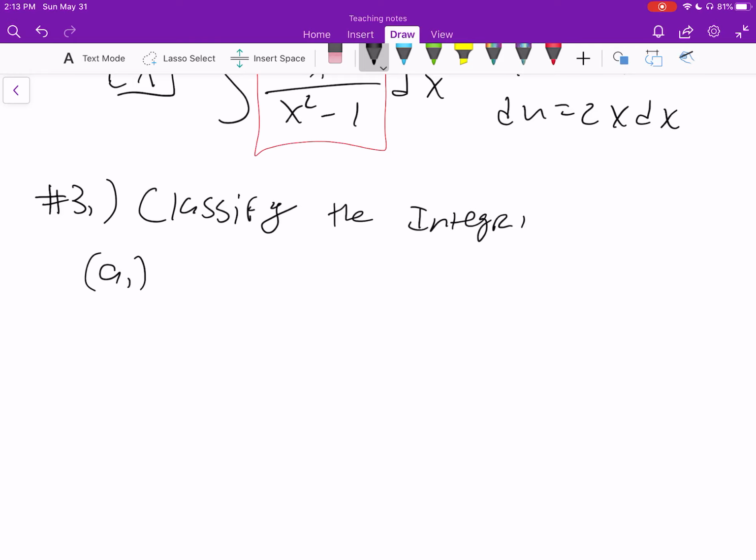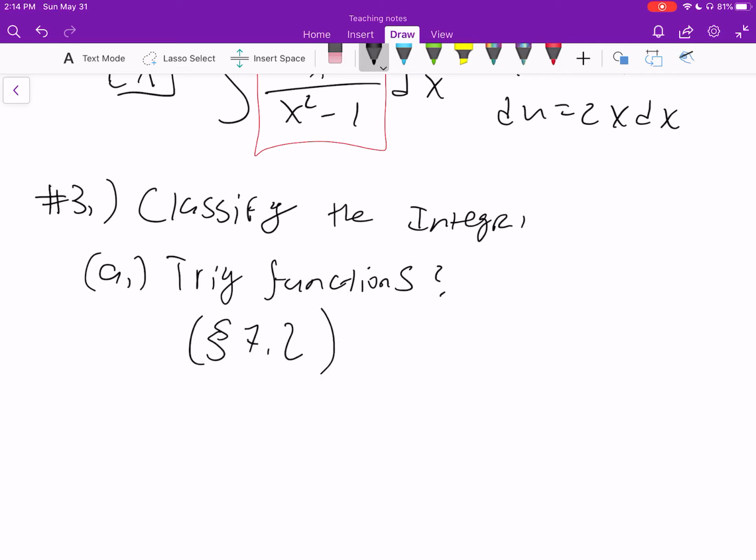So, do I have trig functions? This isn't trig substitution. This is, do I have trig functions? Can I use any of the rules I learned from section 7.2? So, do I have an even power of cosine, odd power of sine? What do I do in those situations?